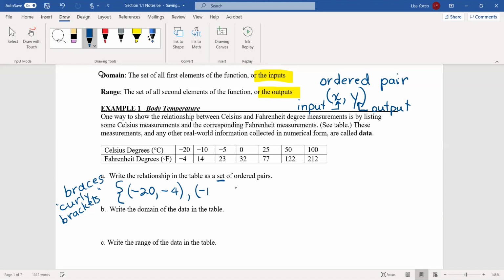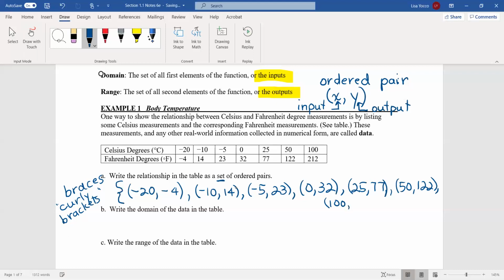And then with negative 10, we assign 14, and so on. So in each case, we're just taking that Celsius temperature and pairing it up with its corresponding Fahrenheit temperature. It's a pretty simple concept, but it's an important concept, because like I said, everything we talk about is going to be a function. All right. So that's our set of ordered pairs.